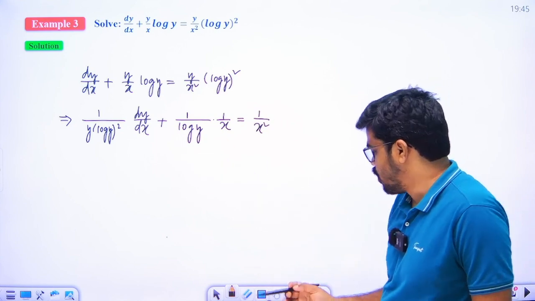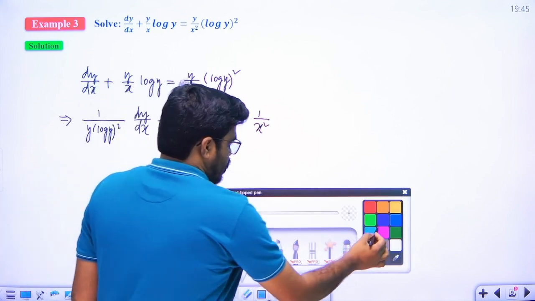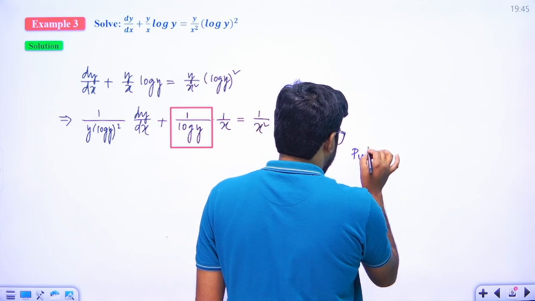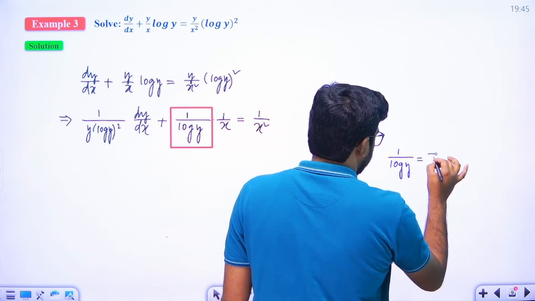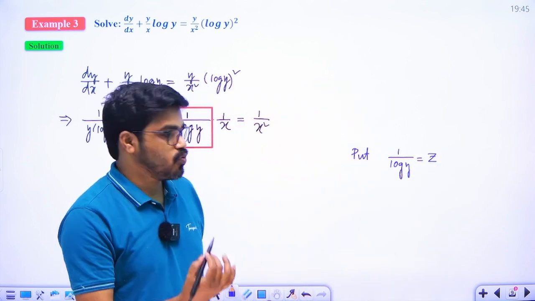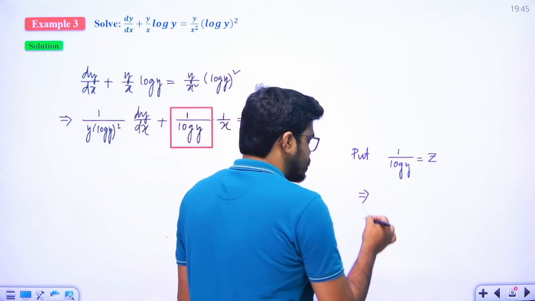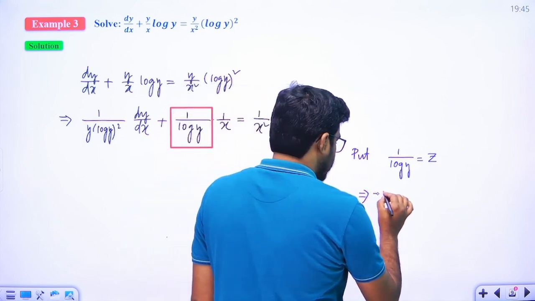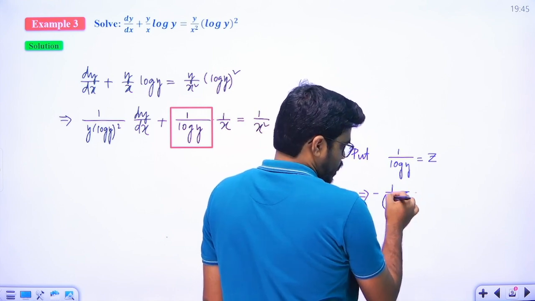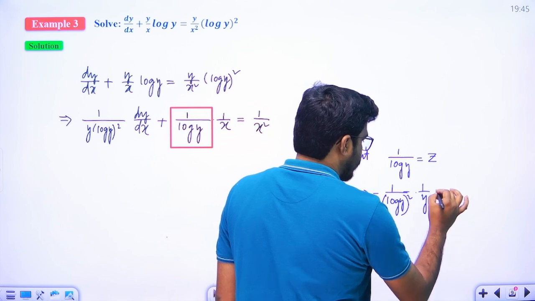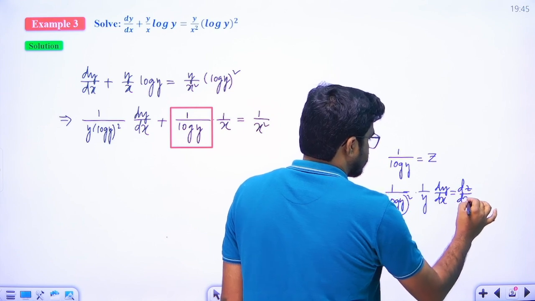So we get this. Now, what did I say, consider the function of y as z. So put 1 by log y equal to z. Now we have to differentiate this. So what do we get? Differentiating 1 by log y gives minus 1 by log y square, and the derivative of log y is 1 by y dy/dx, so this equals dz/dx.